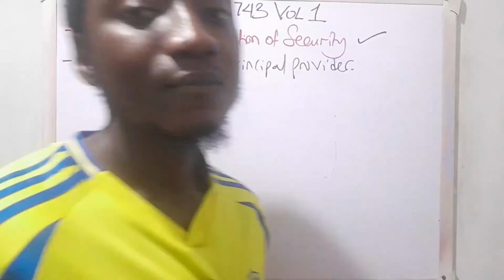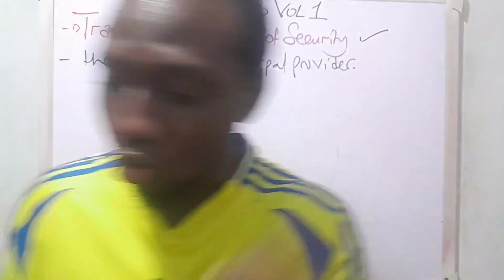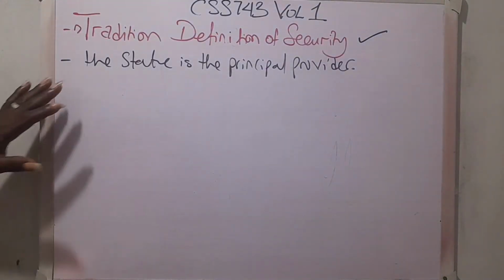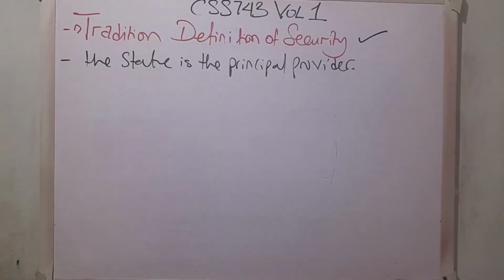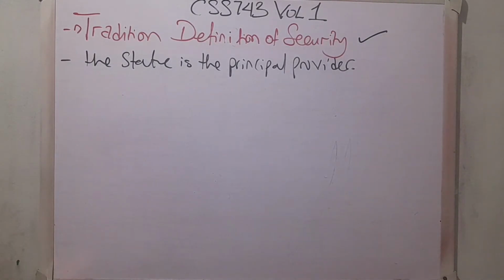Police also maintain internal law and order, and security is mainly achieved through the state's legitimate use of force. It is only the state that approves the legitimate use of force to protect its citizens. So all this falls under the traditional perspective of security.